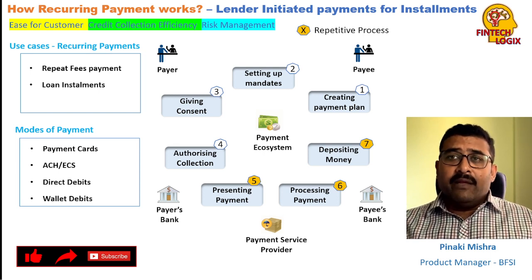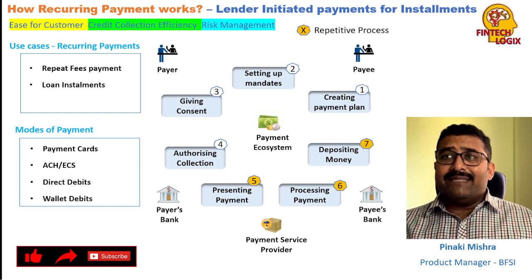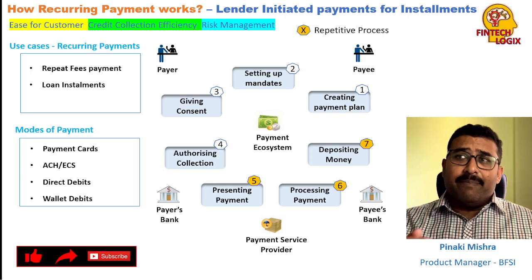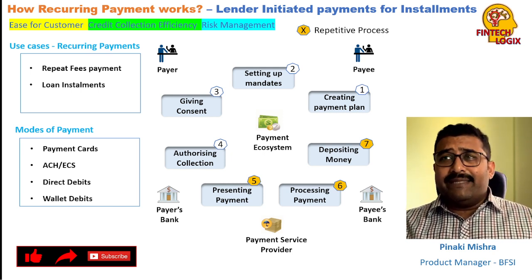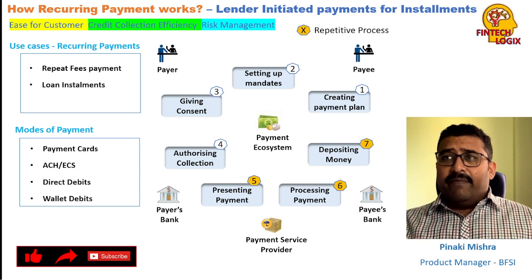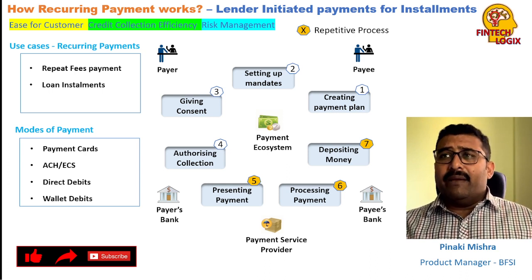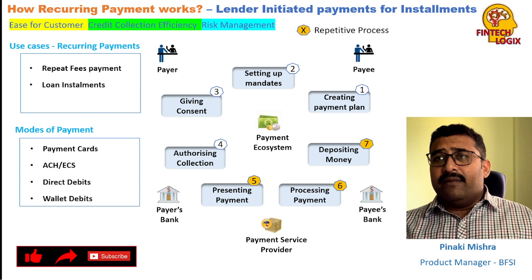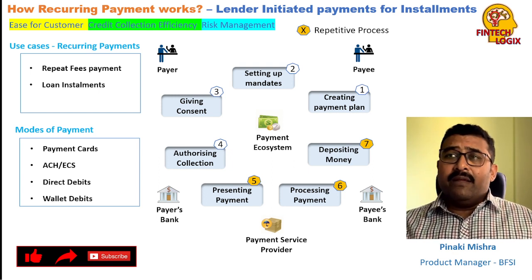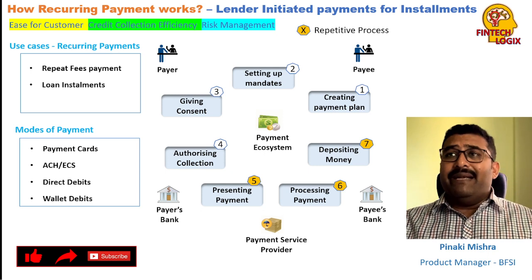Normally this is not set as the exact amount. In step number 2, I set up a mandate or a fixed arrangement with my bank and the borrower's bank to do these debits at periodic intervals.